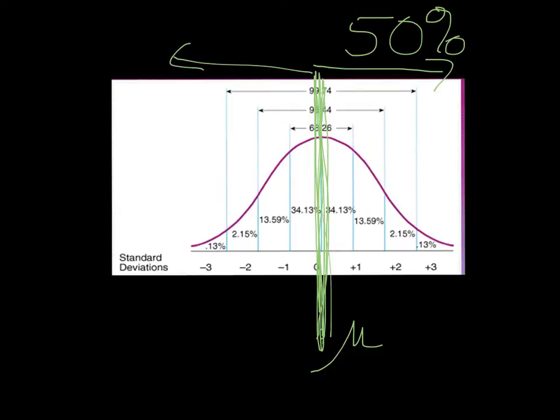But what about the 1 standard deviation line? What if I were right on that, and instead of being interested in between 1 and -1, now I'm just simply interested in above 1? How much would that be? Well, how am I going to go about figuring that out? I know I've got 68% from here to here, and I know it's 50% this way, and I know it's 50% this way.